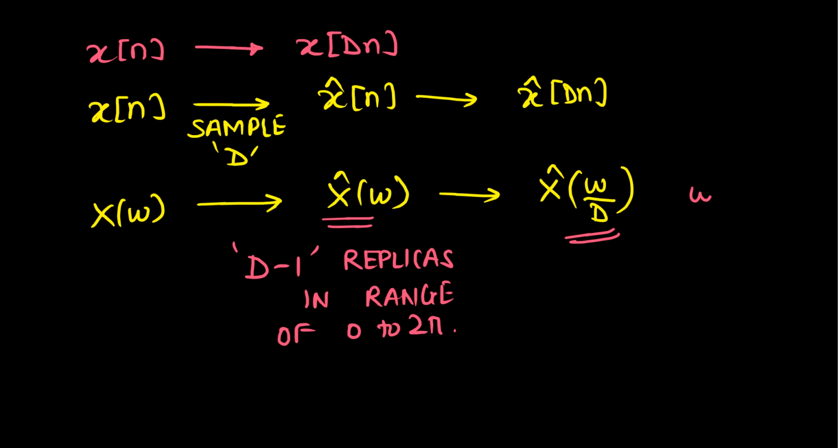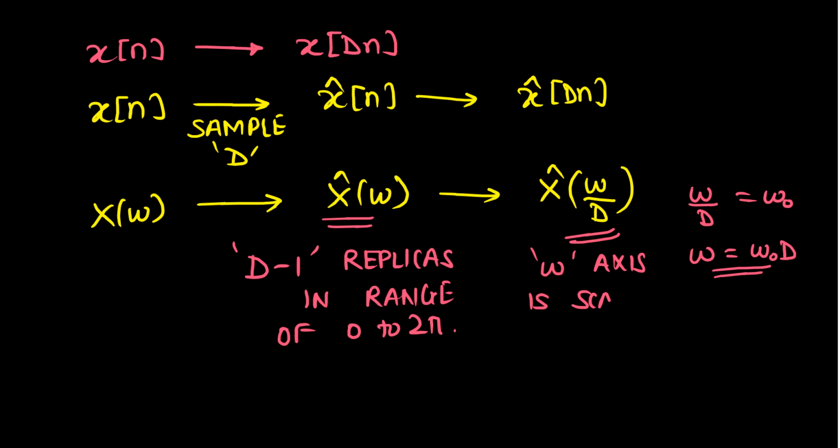So if we have omega d equal to some number, say omega naught, then we would have omega naught scaled by a factor of d. So we observe that the omega axis is scaled by a factor of d.